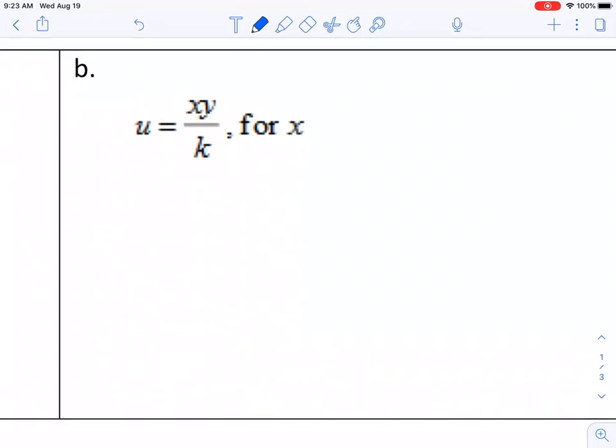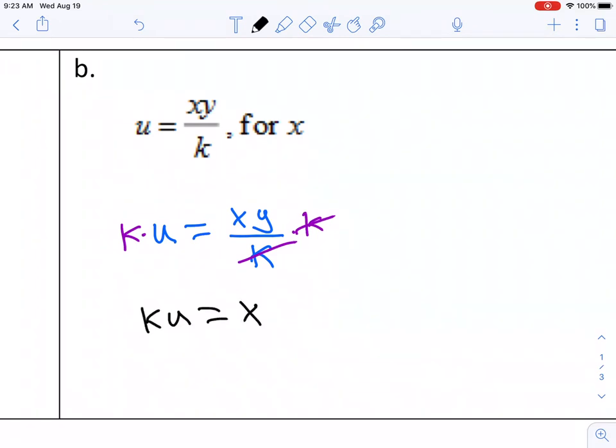Example B, so 2b, we're doing u equals x times y divided by k. And I need to get x by itself. So in order to get x by itself, I'm going to need to move both the k and the y. So I'm going to multiply k to both sides. That's going to make those cancel out so that I'm left with ku equals xy.